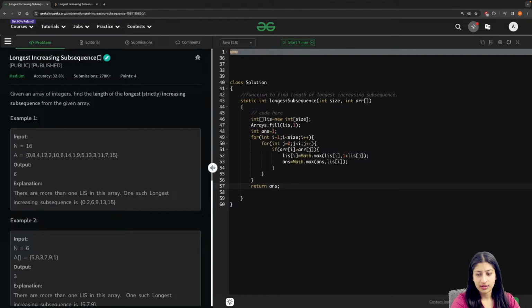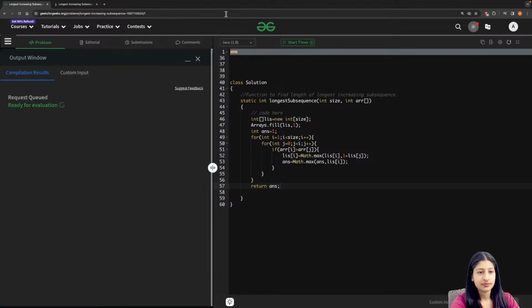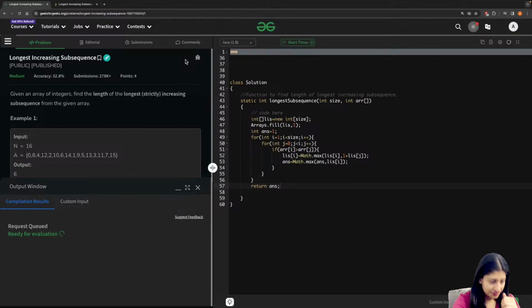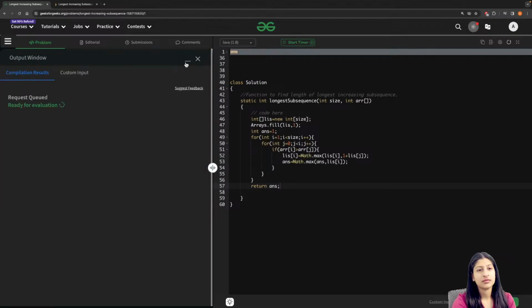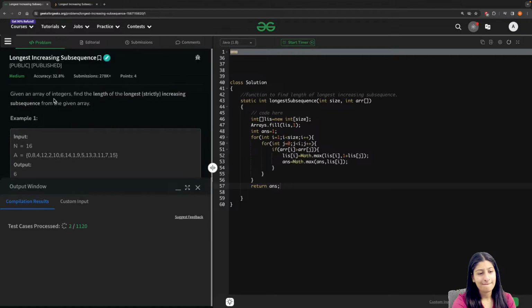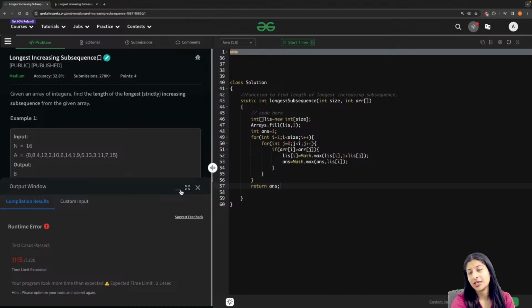Let us check. It will show you TLE. Yeah, so I think five test cases did not pass because they're expecting you to do it in log n.